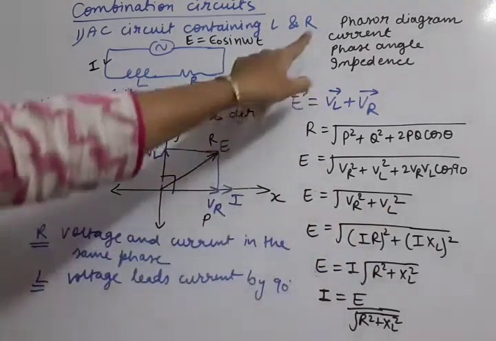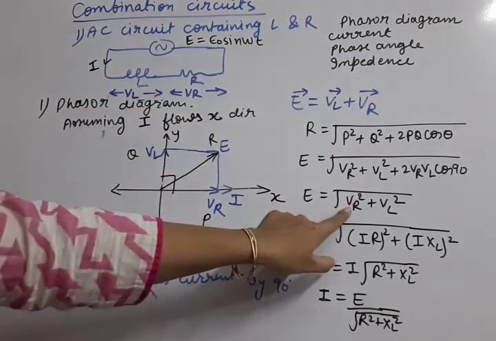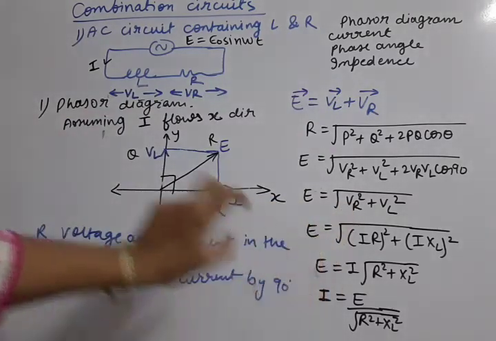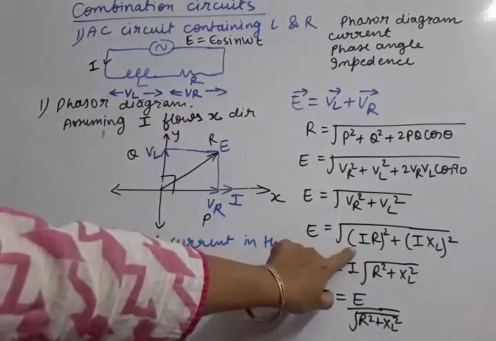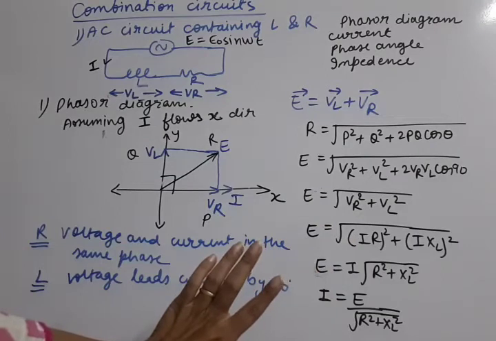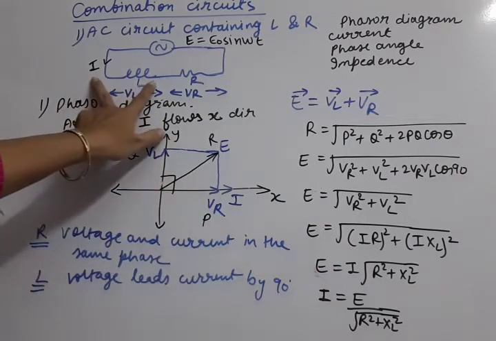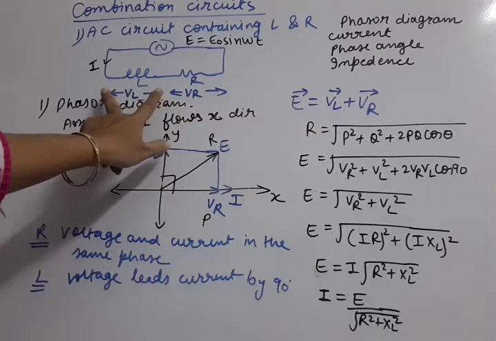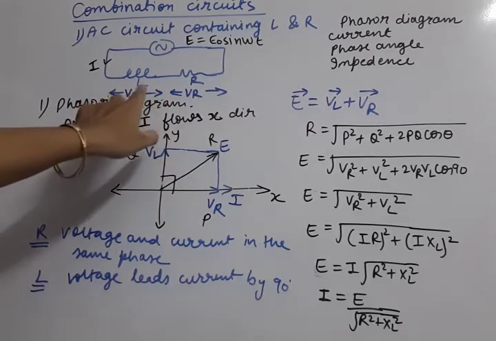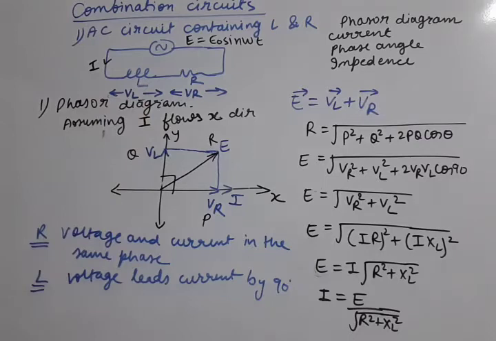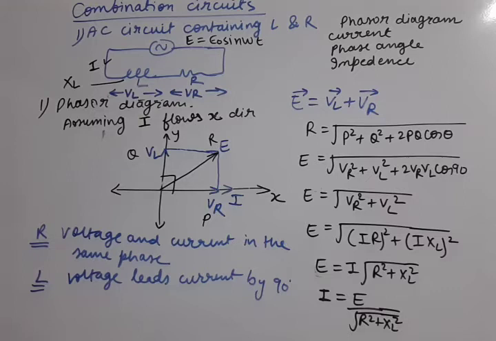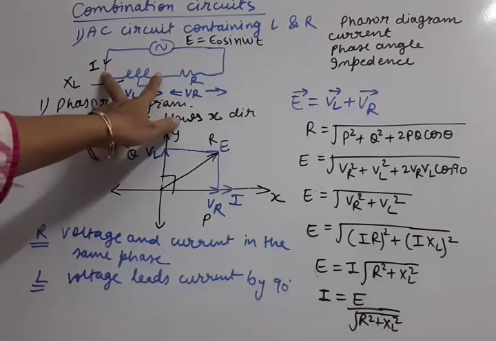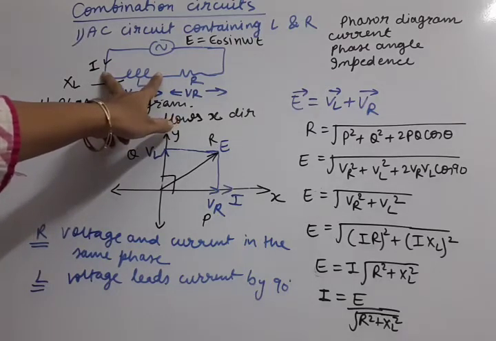Now our target is to find the current. So we will replace them in form of current formula. So VR, voltage across resistance, is IR, Ohm's law formula. And what about VL? You already know what the resistance of any inductor coil is. We denote it by reactance XL. Any coil has how much resistance?